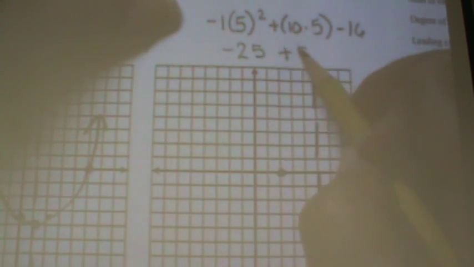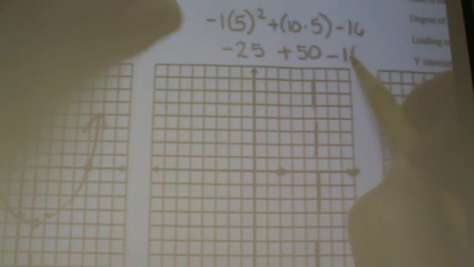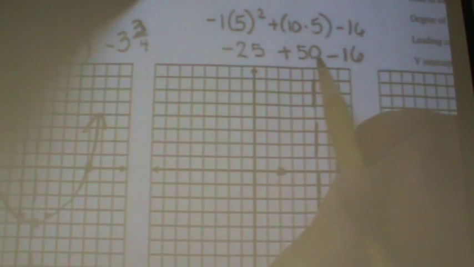So 2, 3, 4, if you plugged 5 in here, -1 times 5 squared plus 10 times 5 minus 16. So you're going to get -25 here plus 50 minus 16. So that's 25.